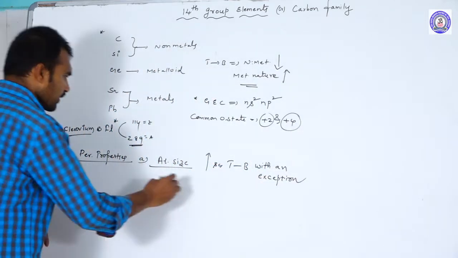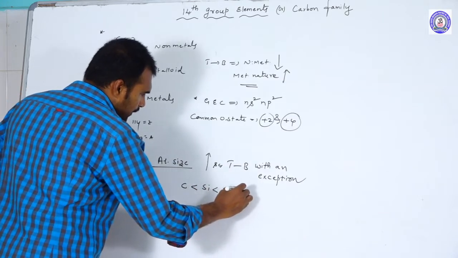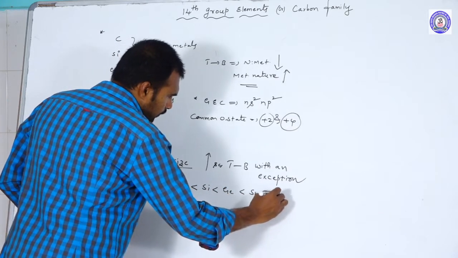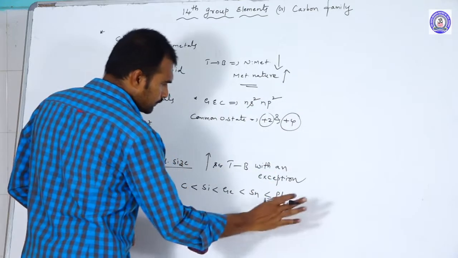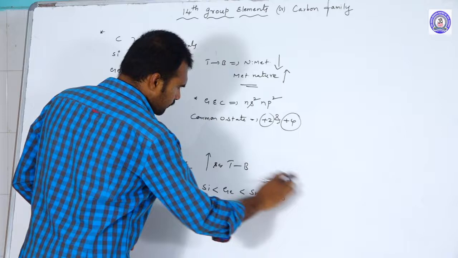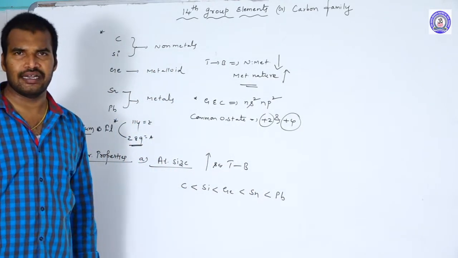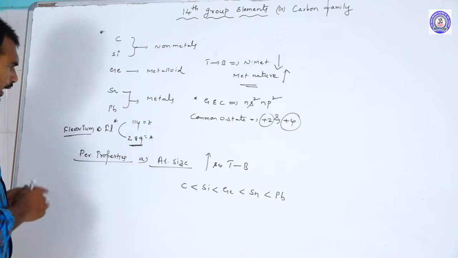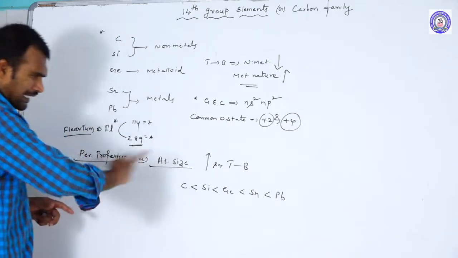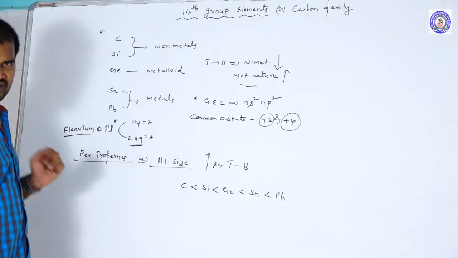What is that exception? Carbon, silicon, germanium, tin and lead. So there was no exception. This is about the atomic sizes. So it increases in regular order only. There were no exceptional cases in case of atomic sizes.